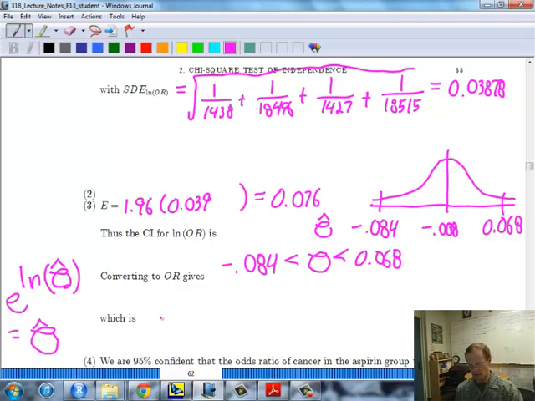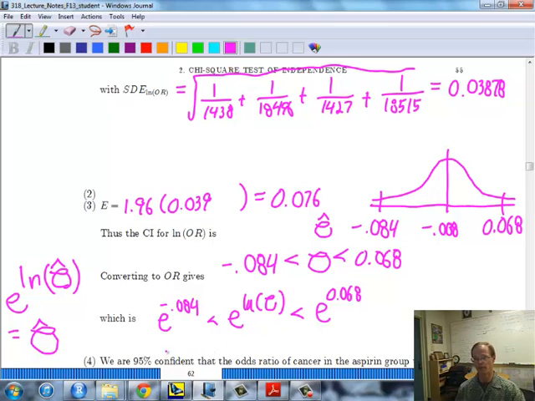So doing that, we get e to the minus 0.084 to e to the 0.068, and doing that arithmetic gives us 0.92 to 1.07.